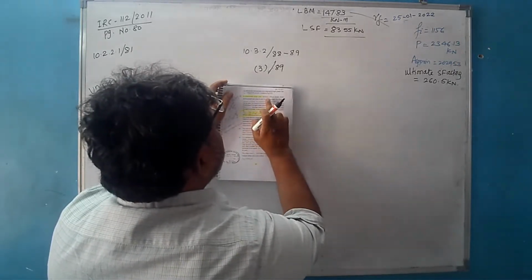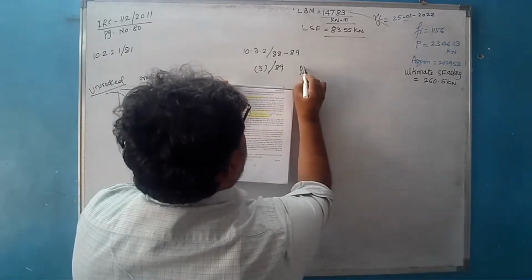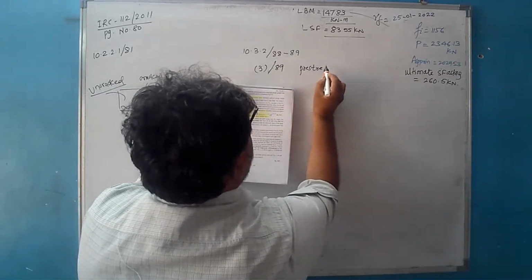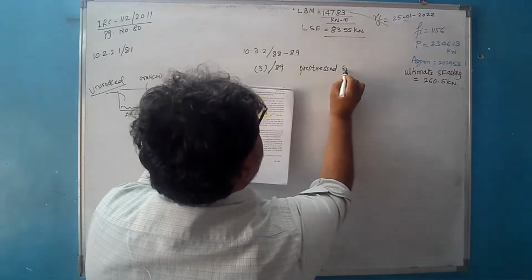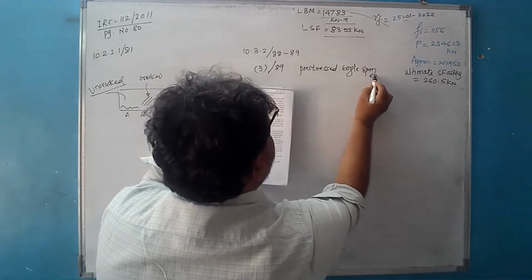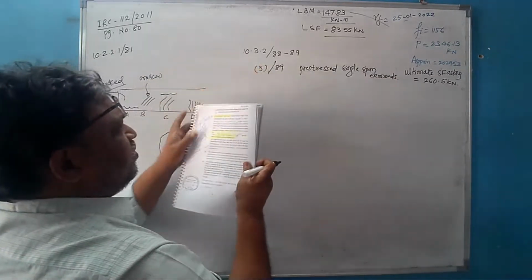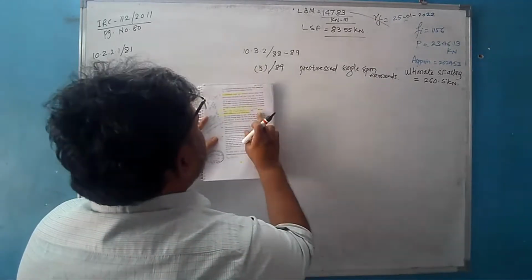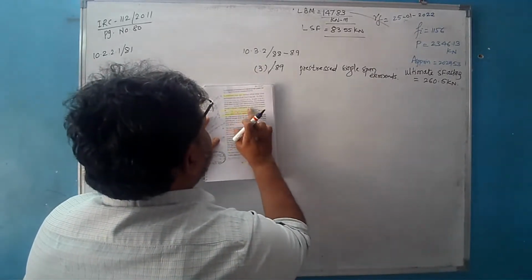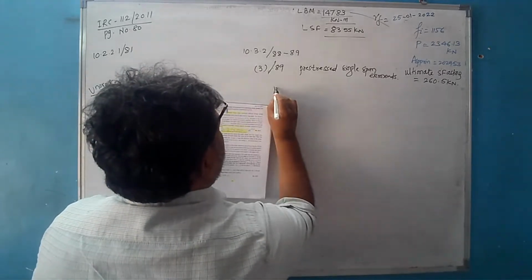What we are dealing with is the pre-stressed single span elements. That's why we are referring to this. In this region, the shear resistance is given by, shear resistance is nothing but the shear strength.